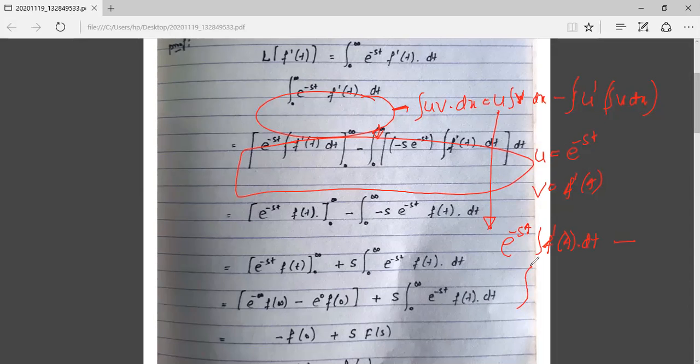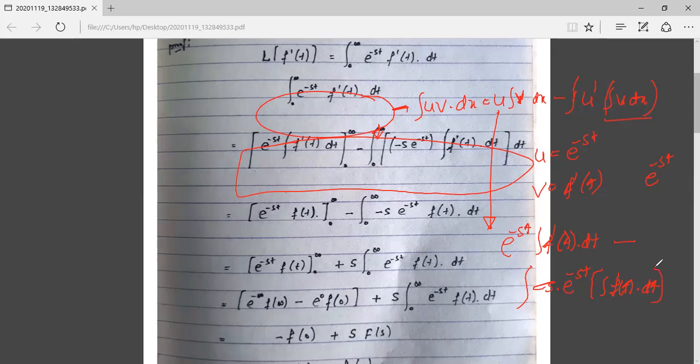U dash means the derivative of e to the power minus st with respect to t. So we get minus s into e to the power minus st, and the remaining function, the integration of f dash of t into dt.